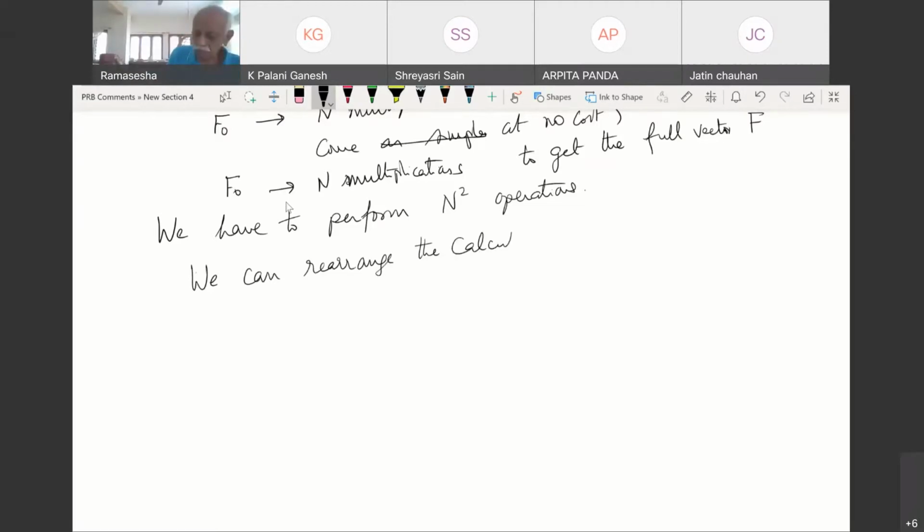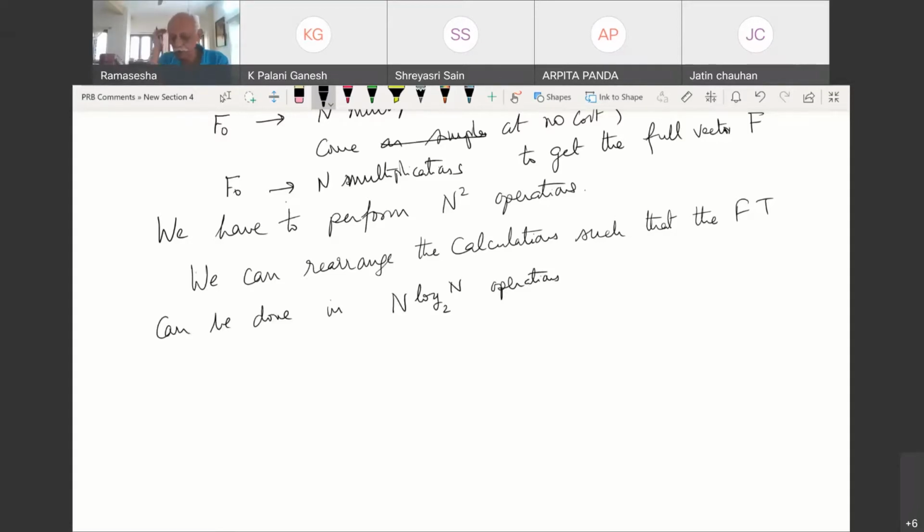the Fourier transform can be done in n log to the base 2 n. Okay, so n log to the base 2. I said earlier that you always prefer to have n equal to 2 to the power r.